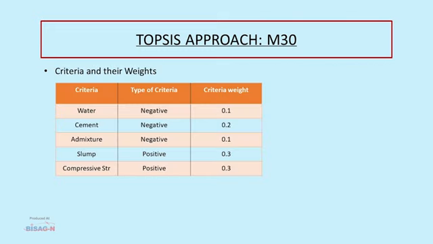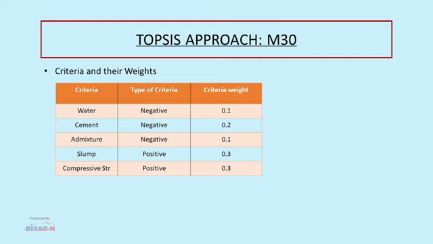Here we see the criteria as water, cement, admixture, the slump value and the compressive strength, and the type of criteria tells us whether we want a higher value or a lower value for it. The negative indicates that we should have a lower water value. Again for cement, the negative shows that the minimum value should be the best, and for slump and compressive strength, the higher the values, the better is the solution.